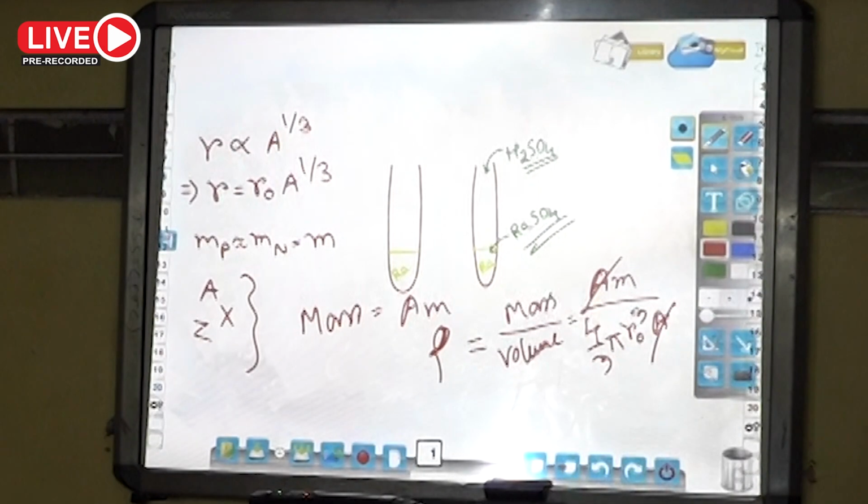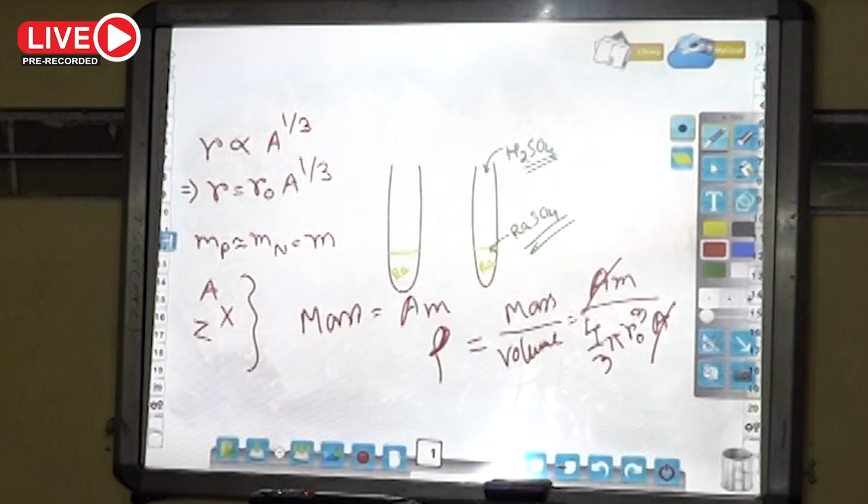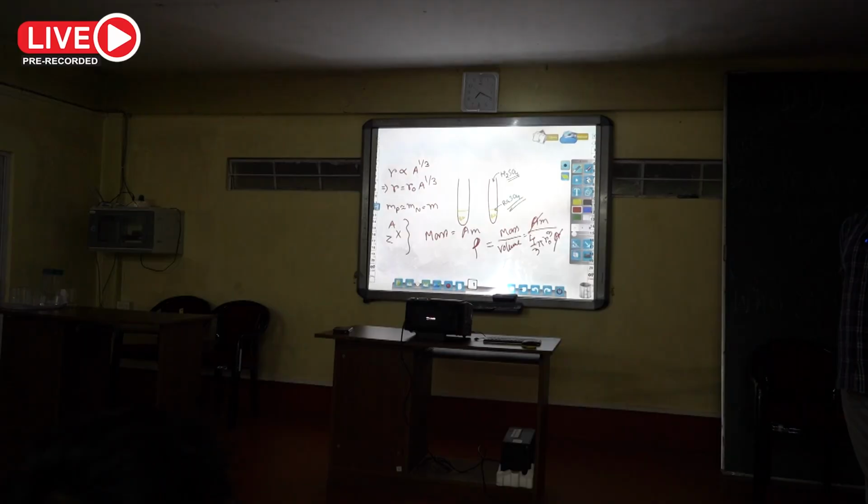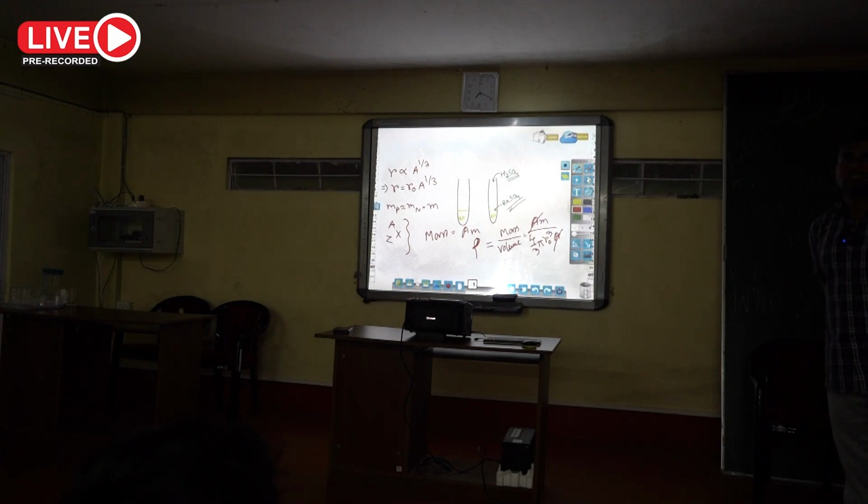It shows that nuclear density is almost the same for every element. So sodium, iron, gold, silver, copper, all nuclei are almost equally dense. There is no different density of the nucleus. Nuclear density is almost the same.